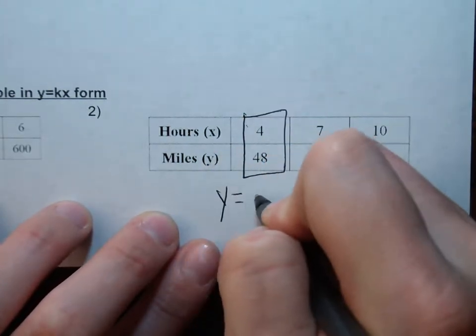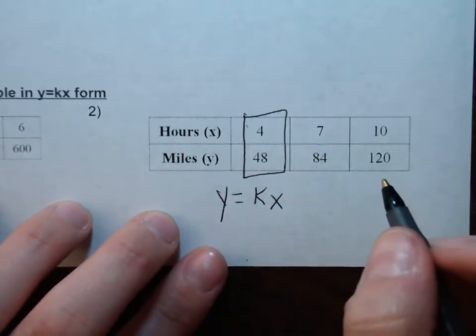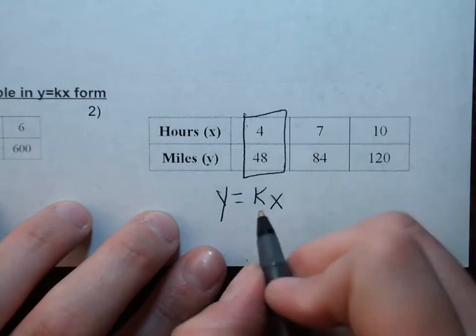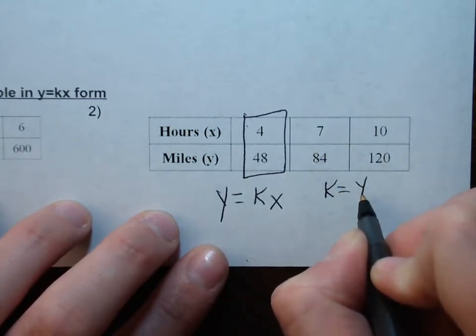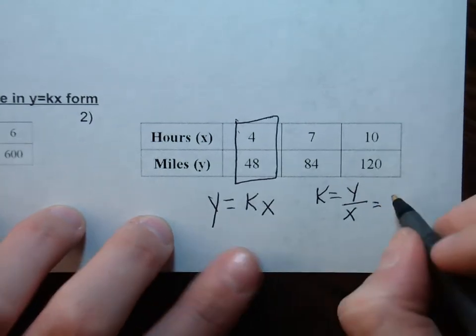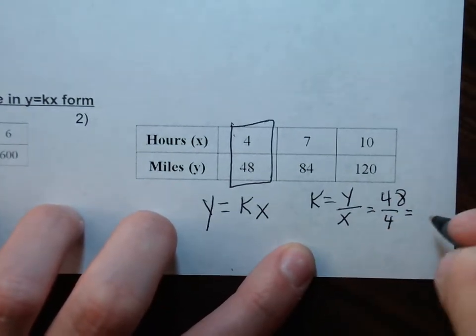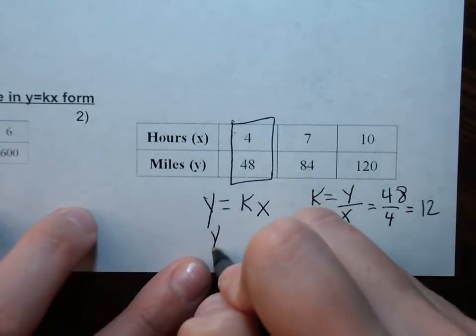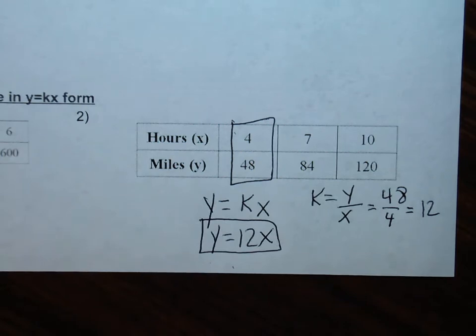We have y equals kx, and we said that our k is y over x. We have 48 over 4, which is 12. So my equation is y equals 12x. And that is your review.